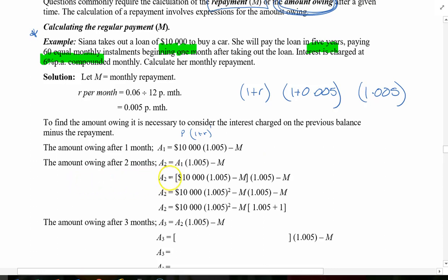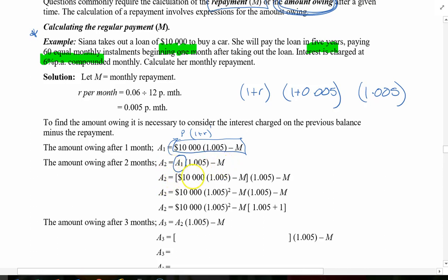The amount owing after 2 months would be A1. I've simplified it here a little bit. A1, because that just stands for the same P, the amount owing, times 1 plus R. And A1 is, remember, this amount, and you'll see in a moment this has been substituted for A1. So it's the interest charged on A1 plus A1 and minus another payment.